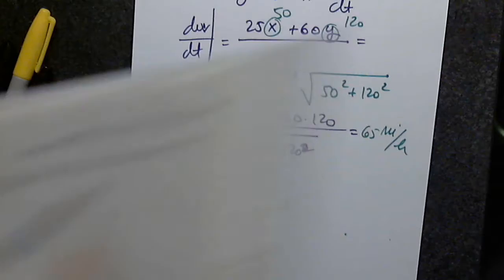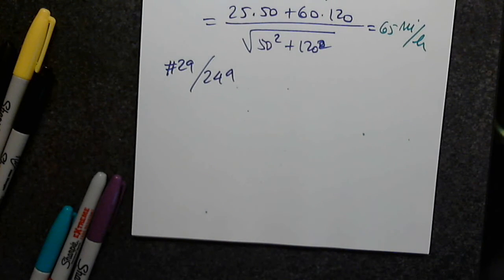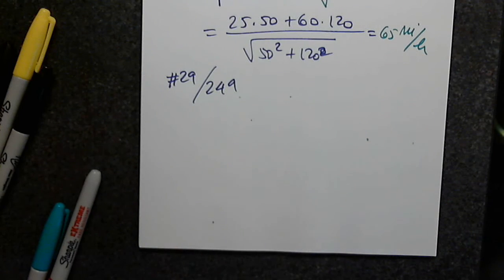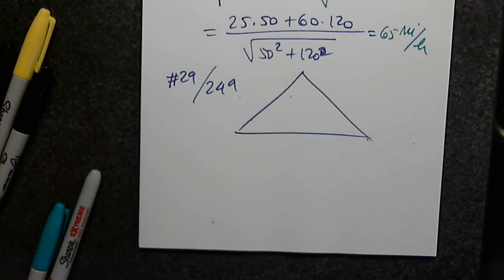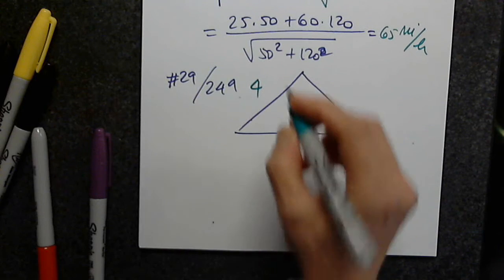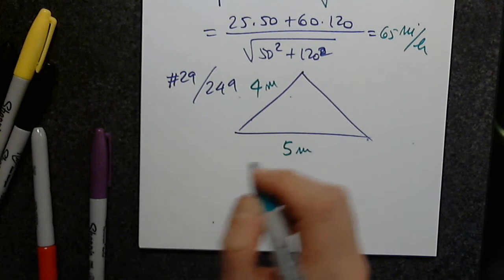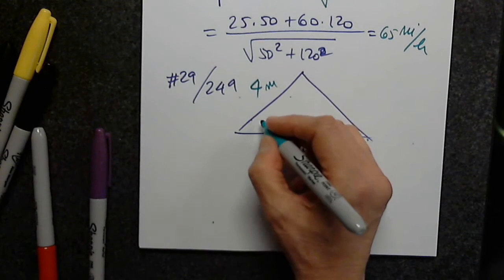Okay, so here's the scenario. We have a triangle. We are given two sides of a triangle are 4 and 5 meters in length, and the angle between them is increasing.